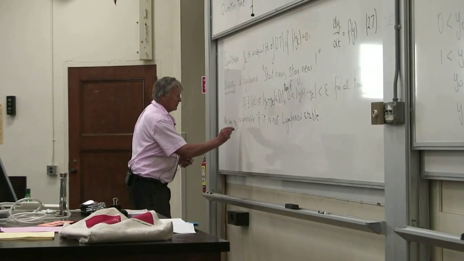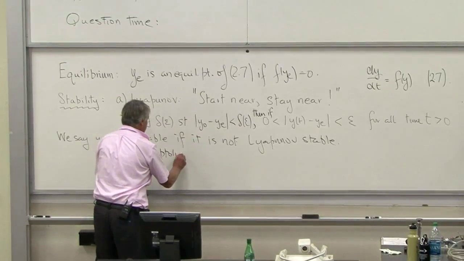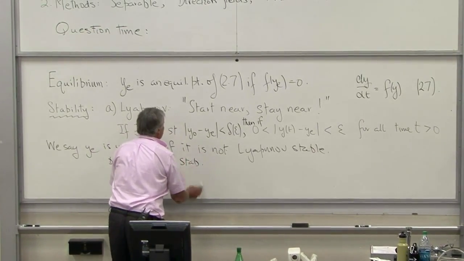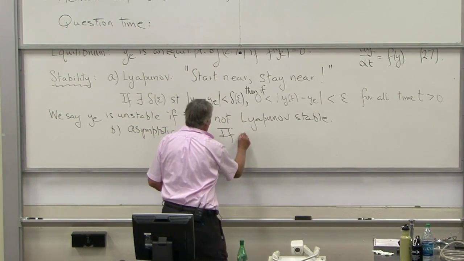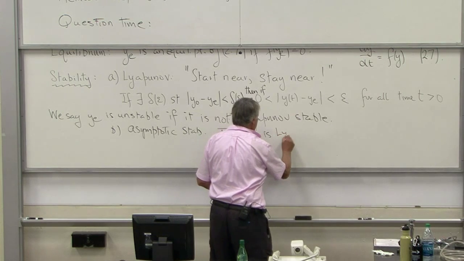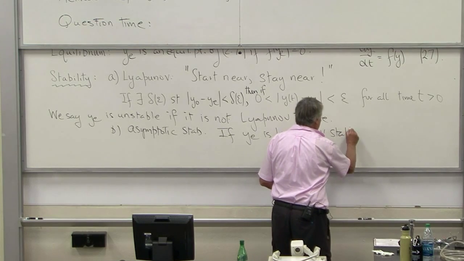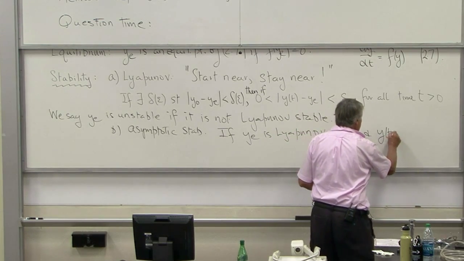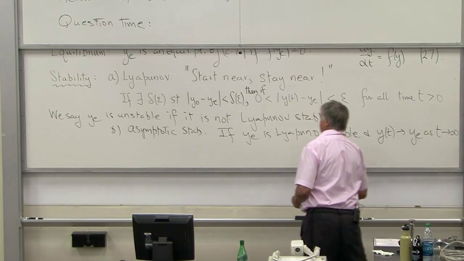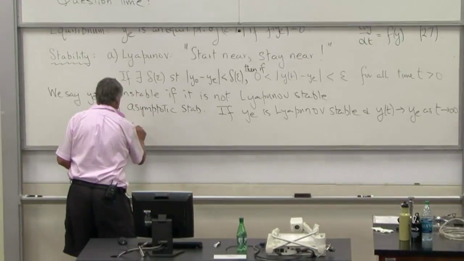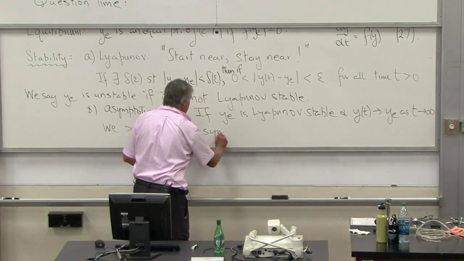So now we have a notion of asymptotic stability. Okay. And this says, if YE is Lyapunov stable, and y of t tends back to YE as time gets large, we say YE is asymptotically stable.